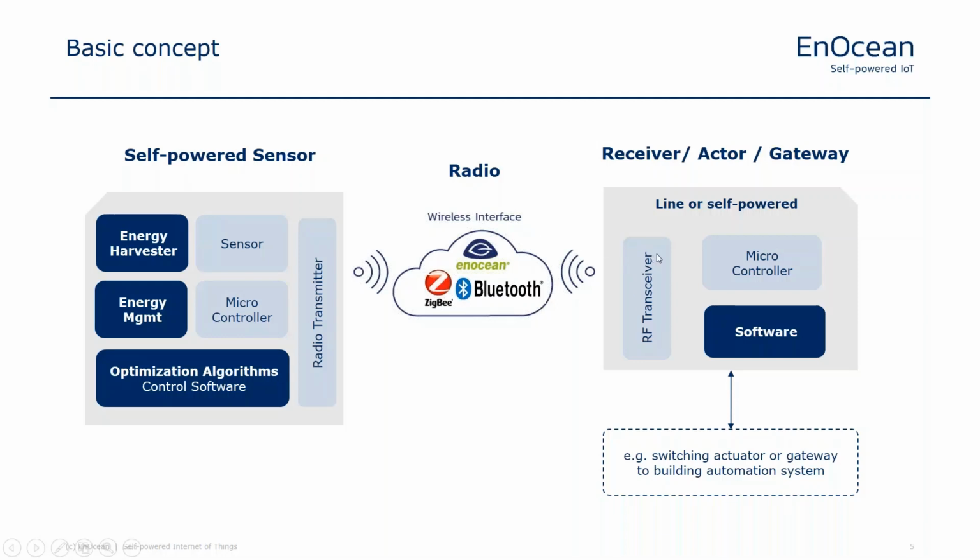And on the right side, you see the receiver or actor. This could be most likely line powered, then switching off the light or switching down the blinds or something like that. Or in the bigger buildings or in the newer buildings, you have a building automation system, and then this is a gateway and just feeds this information to the building automation system, and then this actor is controlled from the building automation system.